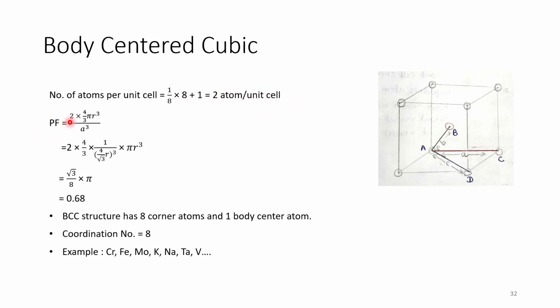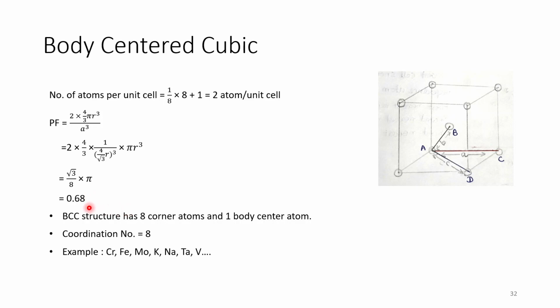So you have to multiply the upper part with 2 when you calculate the packing fraction, and the relation between a and r will also be different. Here you have to consider one triangle and find out using Pythagoras theorem the relation between a and r, and then you find out the packing fraction to be 0.68.